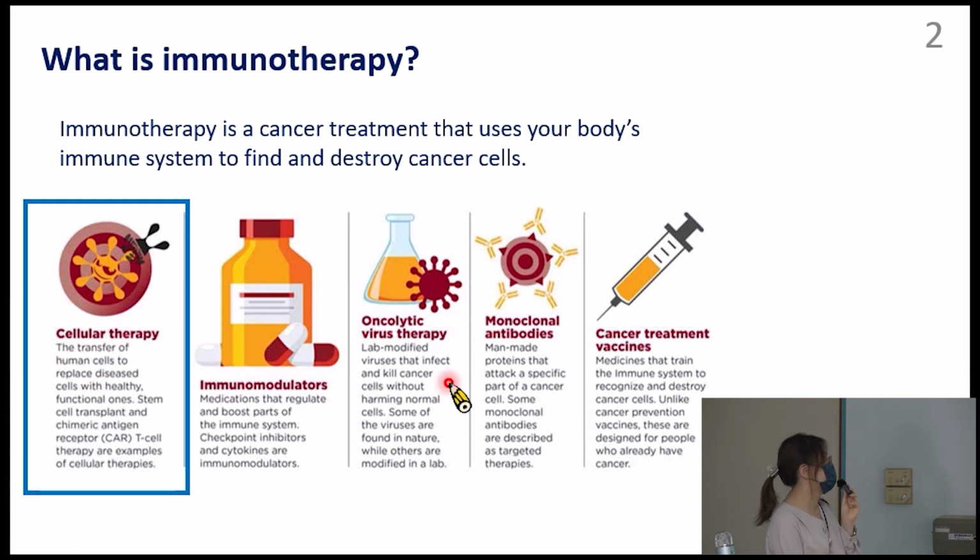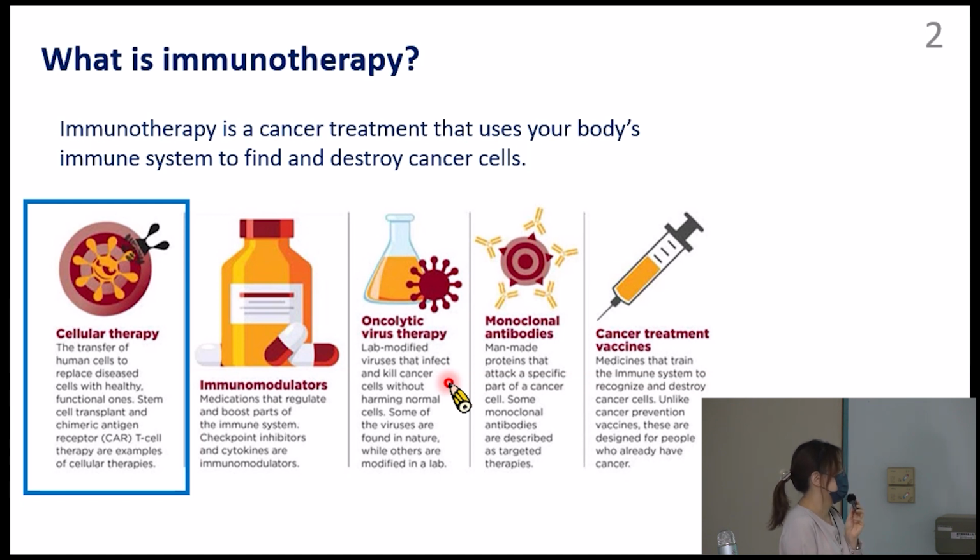Okay, so let me briefly introduce what immunotherapy is. Immunotherapy is a kind of cancer treatment. Its concept is to use your own body's immune system to find and further destroy the cancer cell.